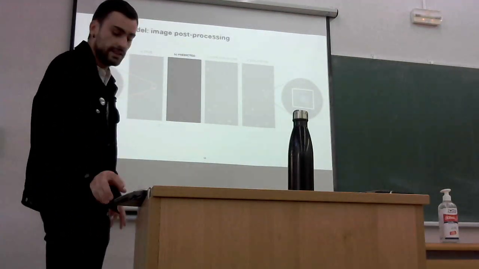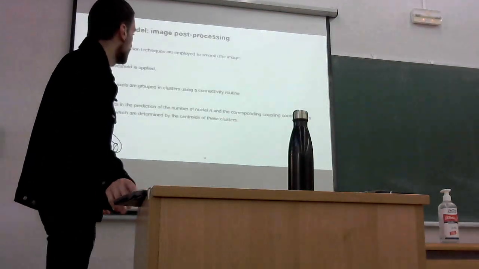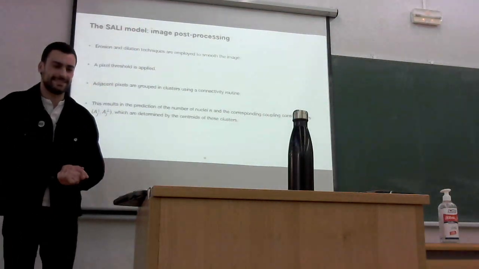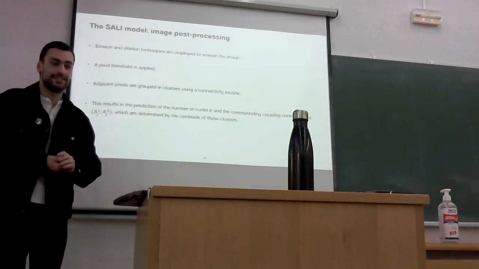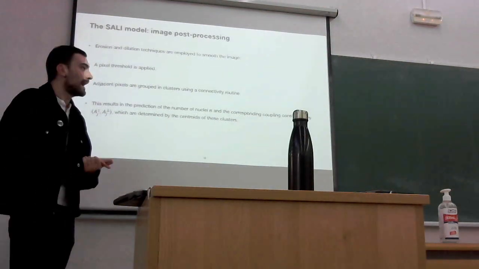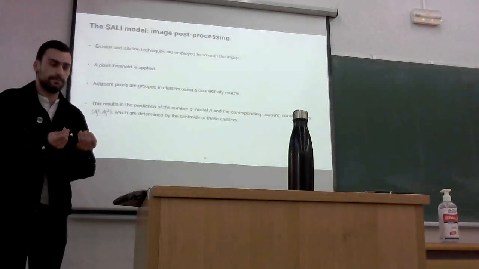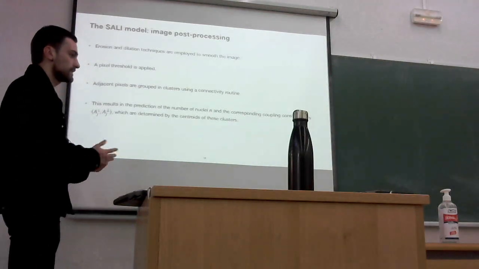So now that we have this, we have to process this image. And how can we do this? First of all, again technical details, we apply erosion and dilation techniques, which are simply to smooth the image a little bit, and then we apply a threshold to get rid of the noise, since there may be small values that you want to remove. This is the second part.